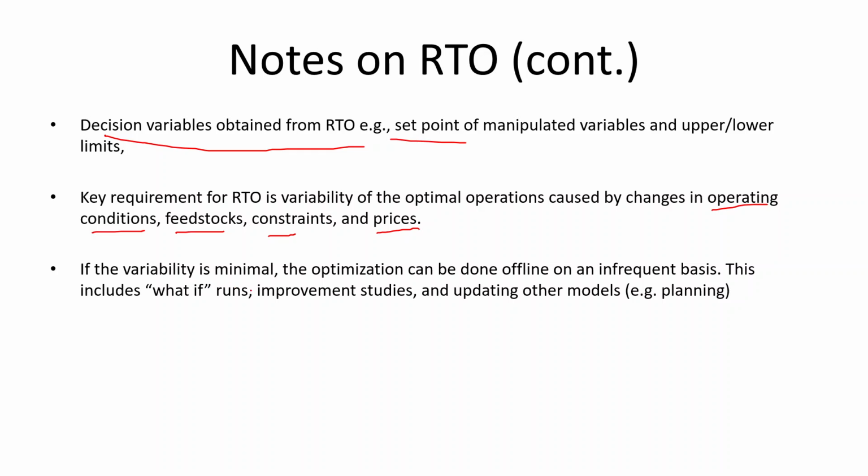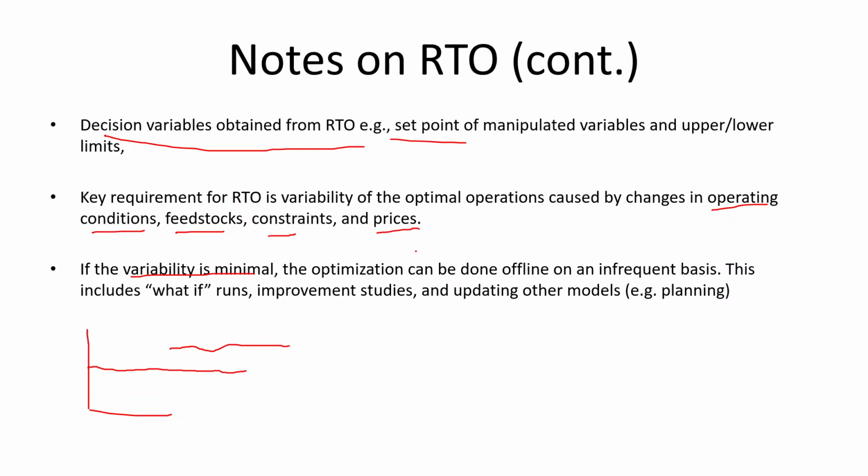And there's another point of view as well. If our plant runs like this, so the variability is minimal, and we know that if we change something, it will also run like this, which is also very steady. Then it's not necessary to run this RTO and connect it to the MPC.